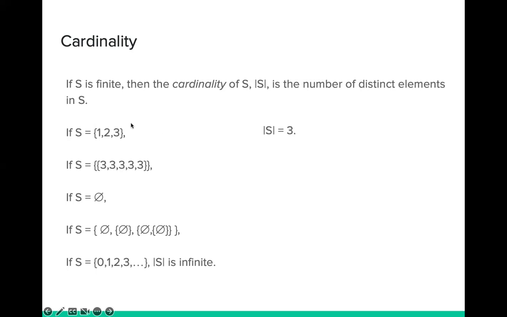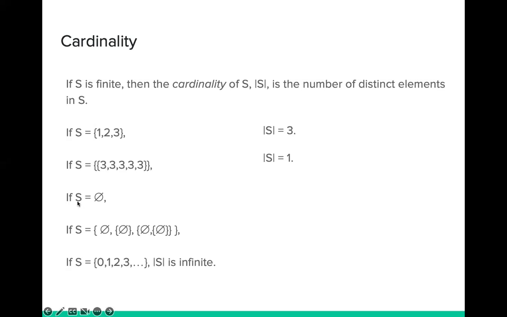So we can say that the cardinality of the set is 3 because it has 3 distinct elements. Suppose S has one element which is a set containing 5 elements, all five threes. So the cardinality of S is equal to 1, okay, because it has only one element.